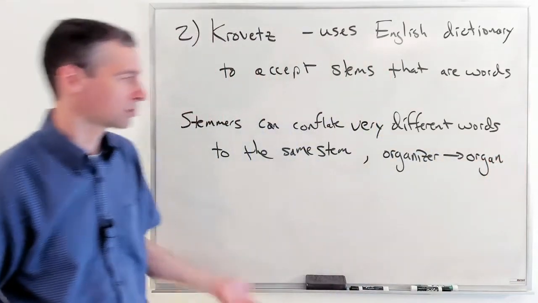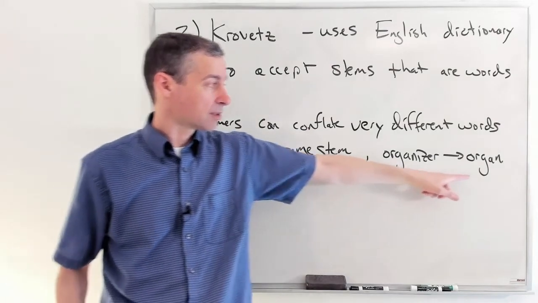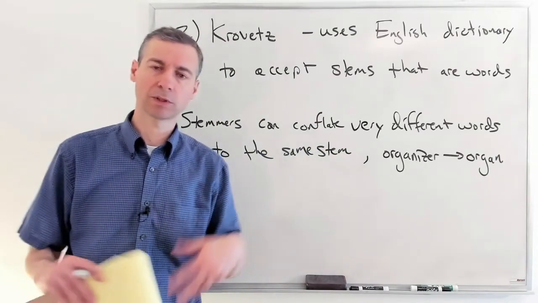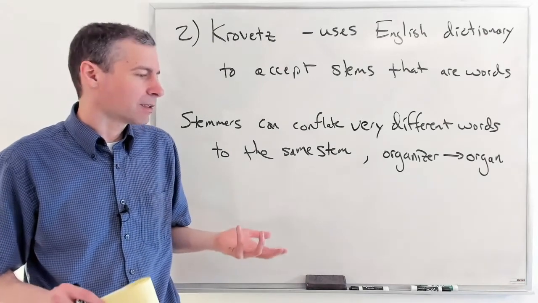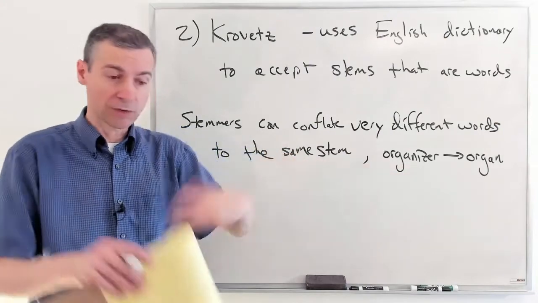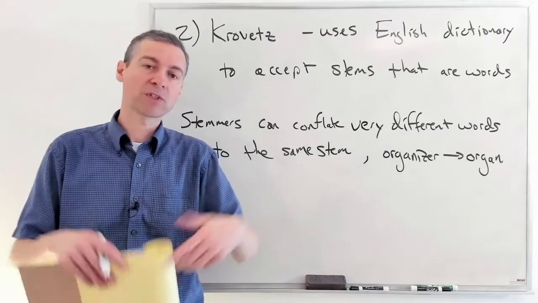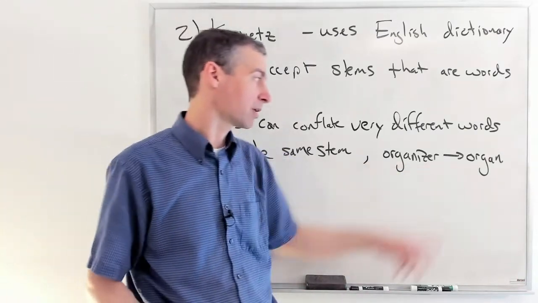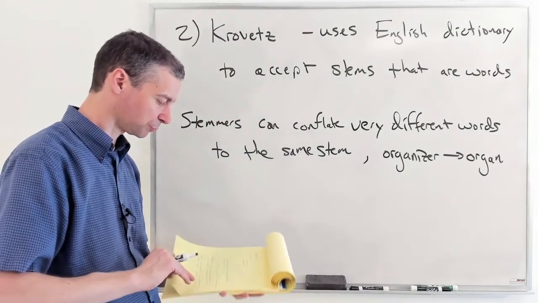So you're searching for something about an organizer, and instead we're getting documents out about organs, either the musical instrument or human organs and things like that. All right, we'll still find the documents that contain the word organizer, because all of those documents will have had those words stemmed to organ, and we'll get those matches as well. But we've just ended up lowering the precision of our results often through this mechanism because we did stem organizer.